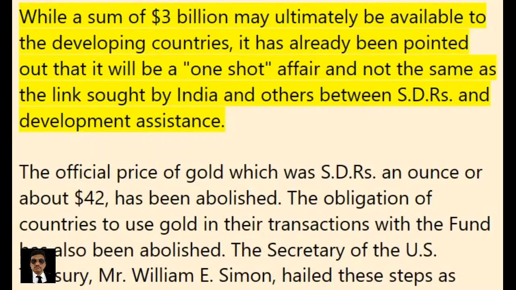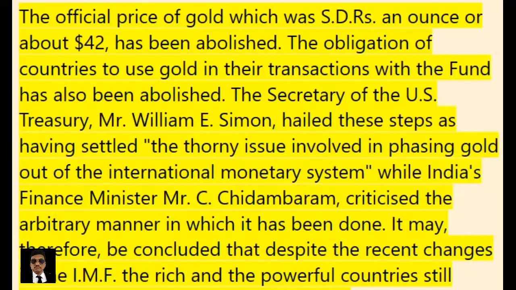While a sum of $3 billion may ultimately be available to the developing countries, it has already been pointed out that it will be a one-shot affair and not the same as the link sought by India and others between SDRs and development assistance. The official price of gold, which was SDR 35 an ounce, or about $42, has been abolished. The obligation of countries to use gold in their transactions with the fund has also been abolished.